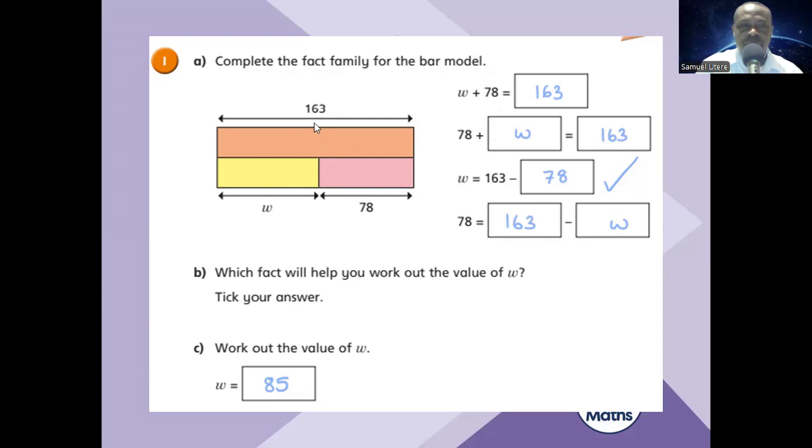So if you're after the size that matches the W, it's a bit like saying 163 slicing off 78, and that's represented as 163 minus 78. So this one is what we can use to find W. And then the answer is that one. Here is the answer for question 2.